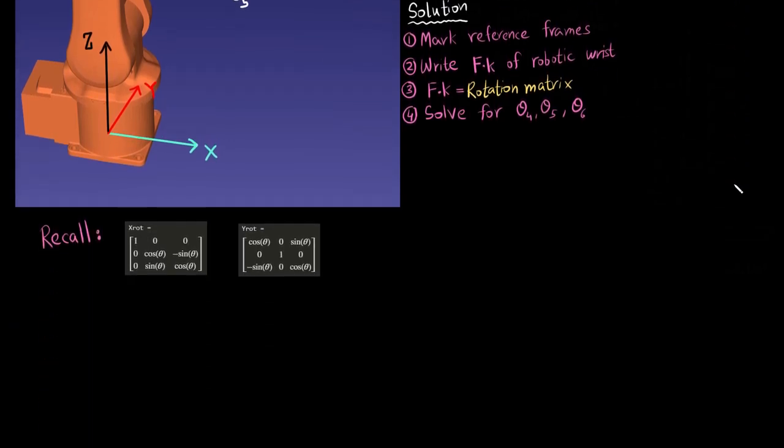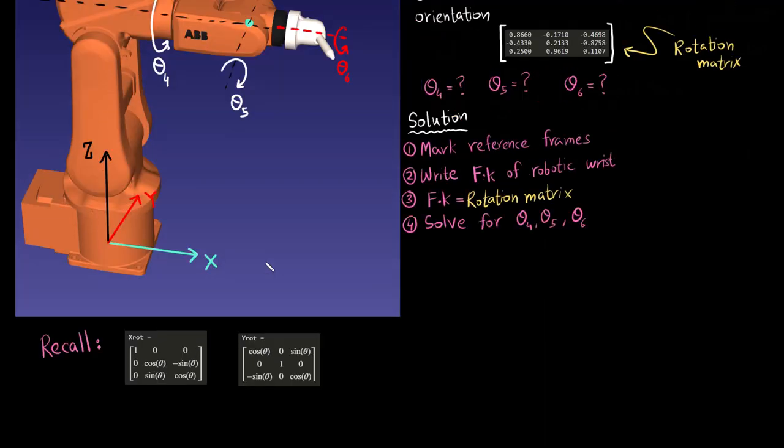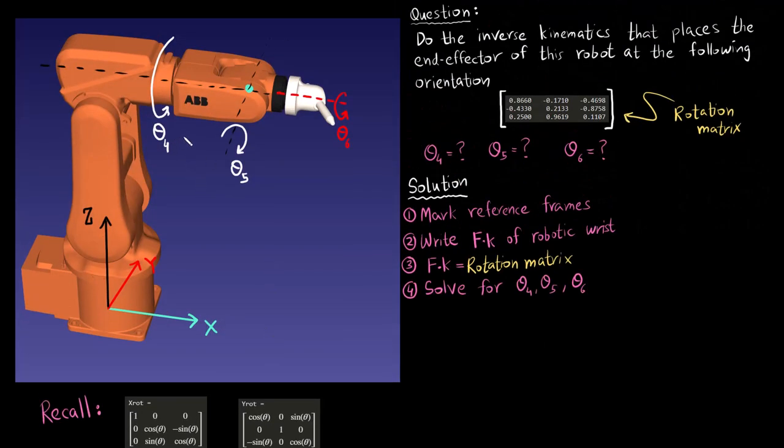I just want you to recall that for a 3D robot, we talked about this a few videos ago, that the x rotation matrix, that is the rotation about the x-axis, is this, and the rotation about the y-axis is this. And if I want to write out the forward kinematics of the robotic wrist, let me write it out here.